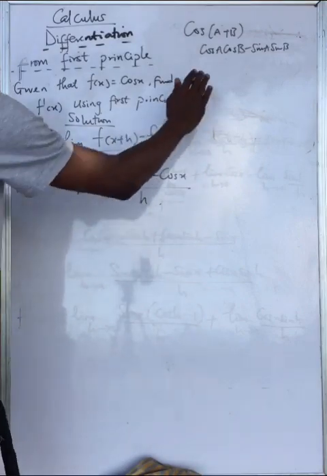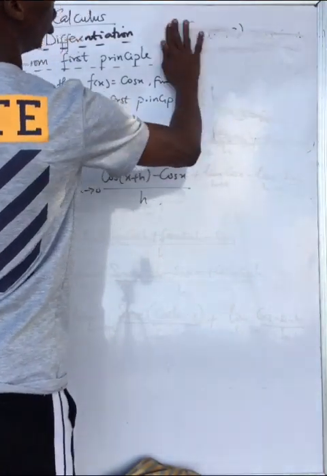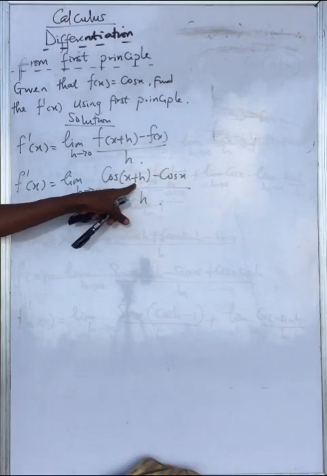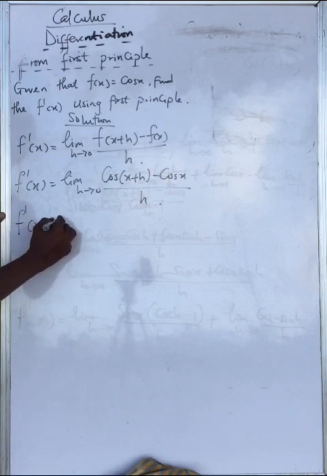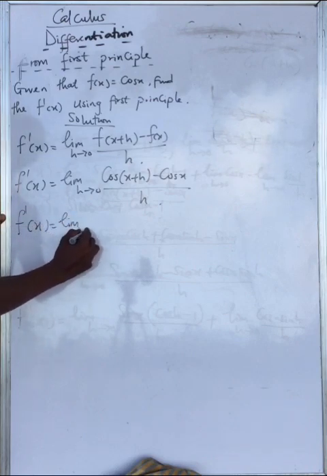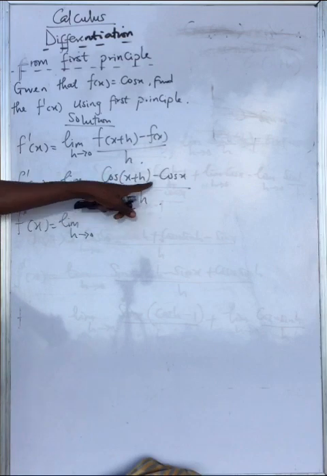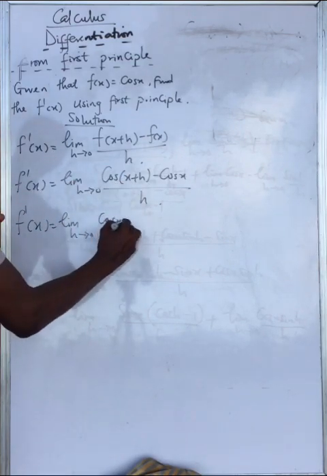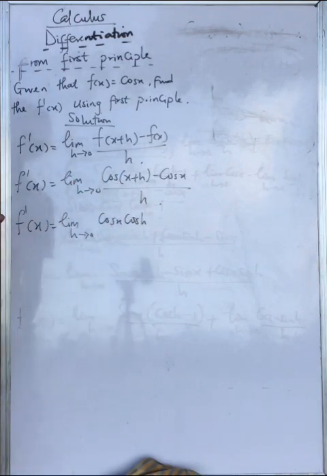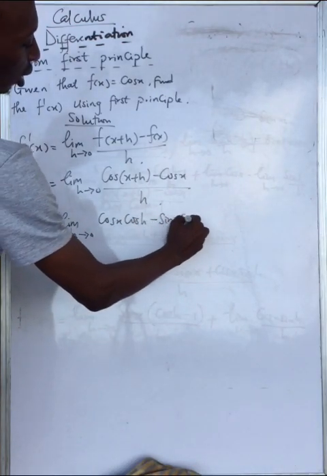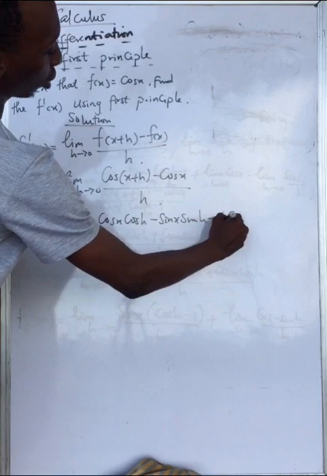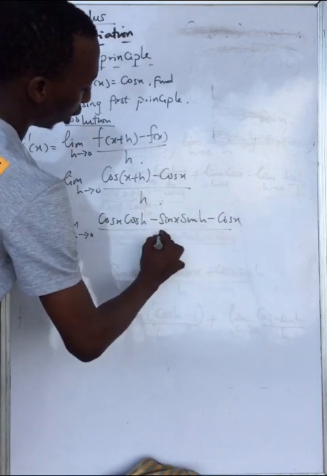Now, applying the formula in the context of this equation, we have f prime of x equal to the limit where h tends to 0 of cos x cos h, are you with me now, minus sin x sin h, minus cos x, all over h.